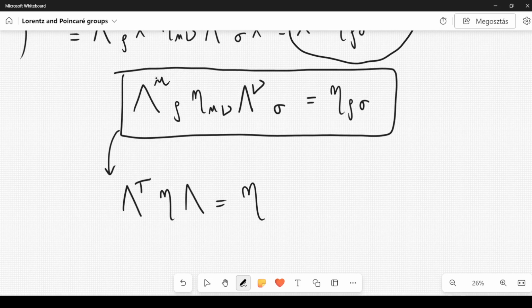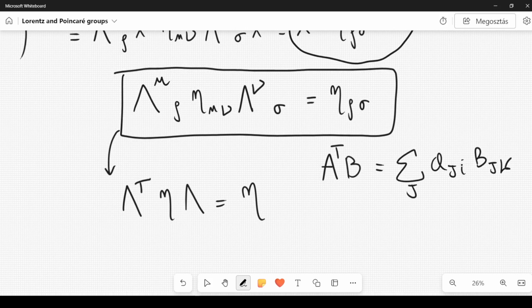And if you remember, if you have two matrices where the first index is the row index and the second index is the column index, for example, you have two matrices A and B and you take the transpose of A, this coincides with the summation over some index j, A_ji B_jk. So the overall matrix will depend on the two indices i and k.